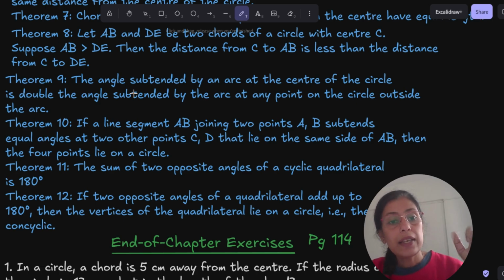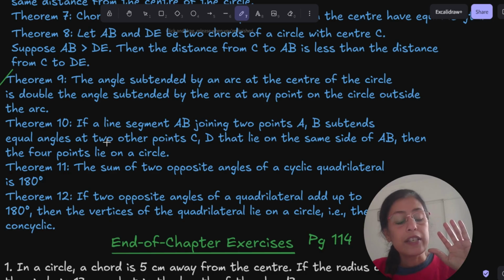Now, theorem 9 is also a very important one. It is important from your Olympiad's point of view, because in competitive exams, if you get a question on circles that uses these theorems, theorem 9 is the one you are most likely to get.